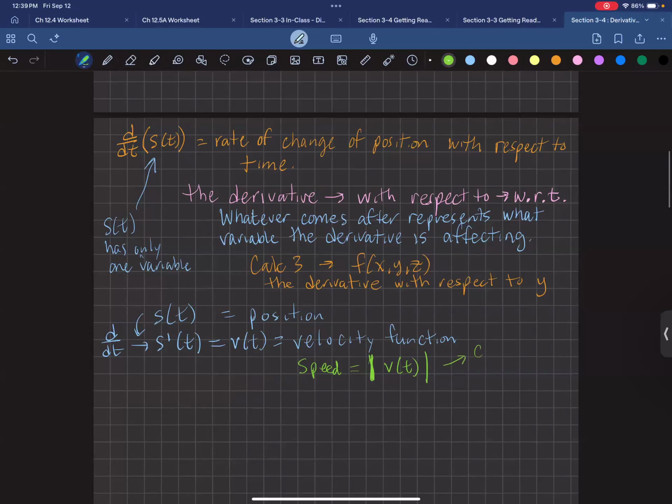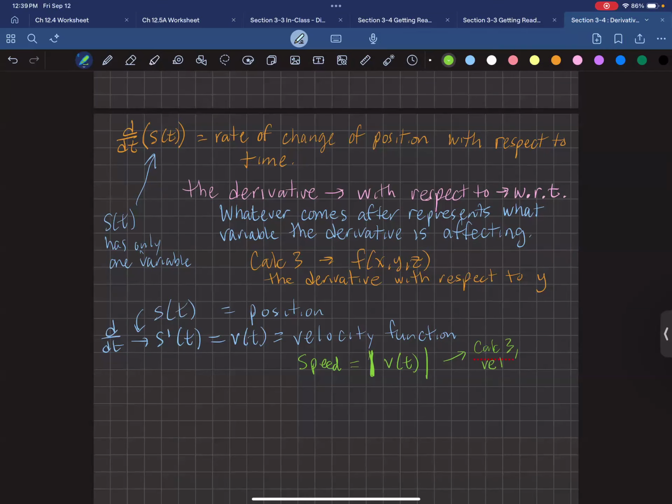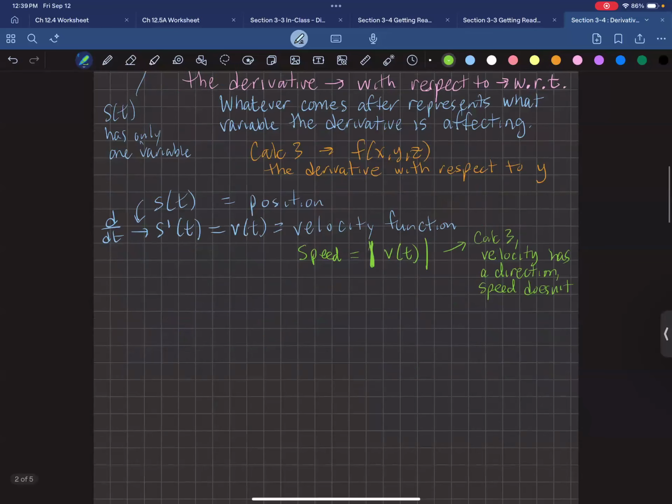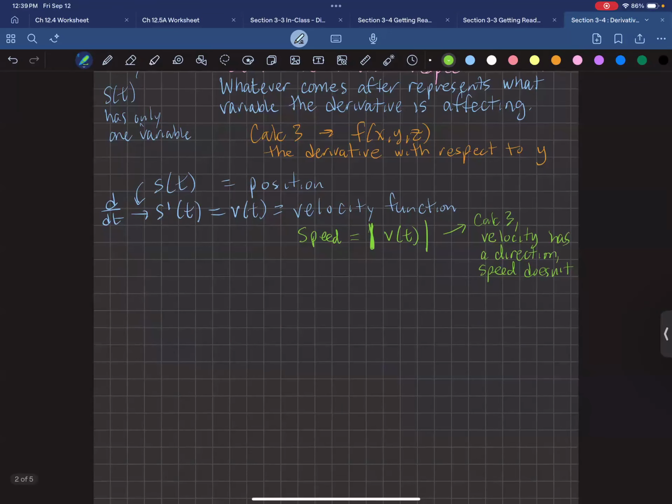When we do Calc 3, velocity has a direction. Speed doesn't. And here, velocity has a direction as well. Positive is how fast you're going forward. But if you're driving in reverse, you would have a negative velocity. And so speed is still how fast you're going in reverse. It's that kind of idea.